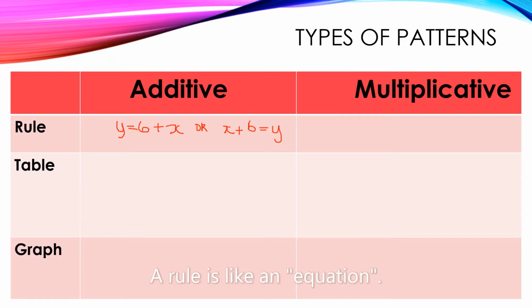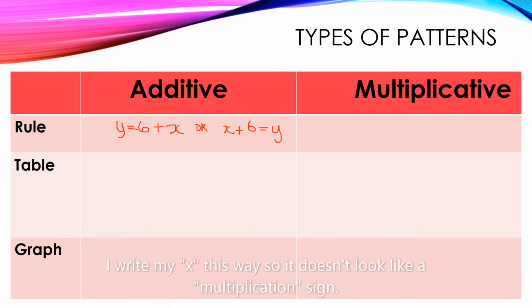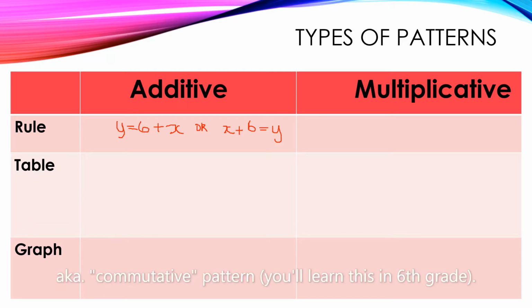So here's a rule: y equals 6 plus x, or you can also write it as x plus 6 equals y. The reason we can do this is because when we add two numbers, it doesn't matter which order the numbers go. 2 plus 3 is 5, or 3 plus 2 is also 5.